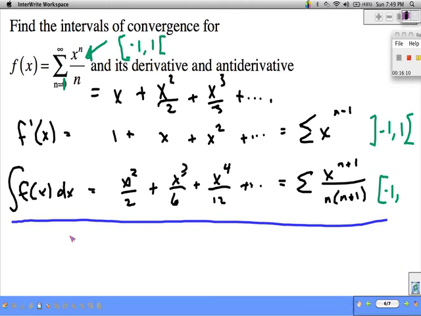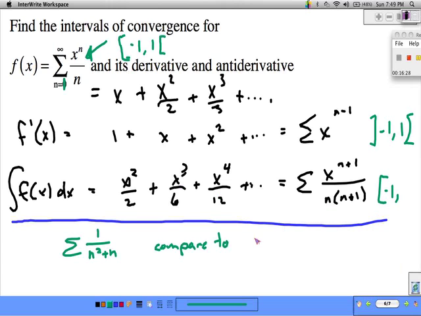Now when we plug in +1, we end up with 1 over n squared plus n, and we can compare this to a convergent p-series, 1 over n squared.